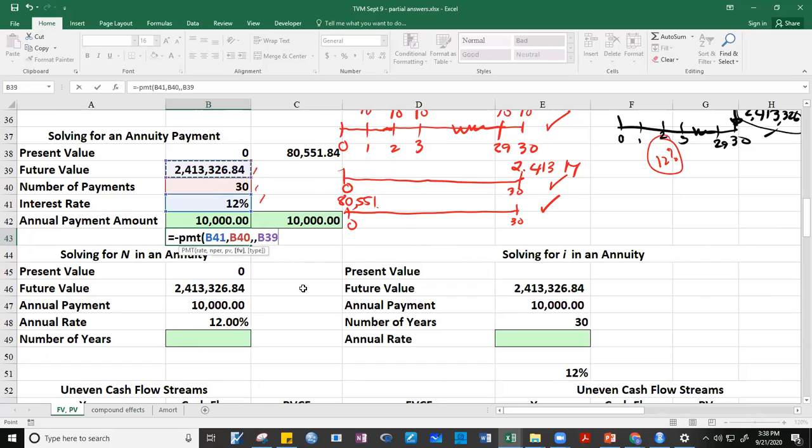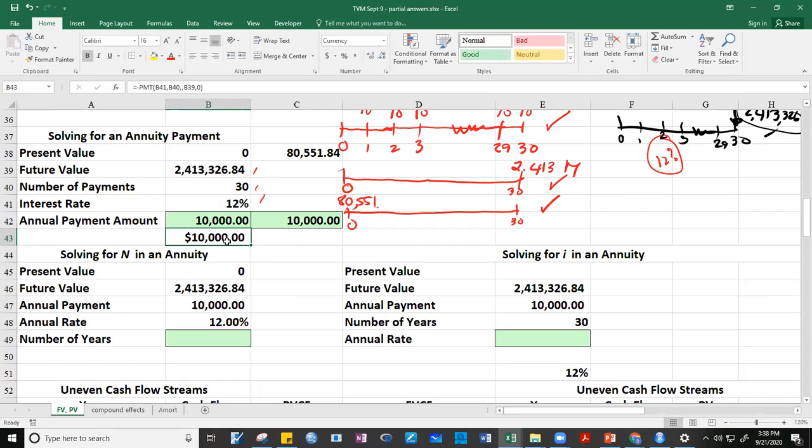Kaya ang tanong, ano yung equivalent na annuity ng future value na 2.4 million if you're looking at 30 years and at 12%? So future value yan, comma, pwede natin i-ignore yung comma. Or you can use 0 kasi end of the period yan. Yun yung default, no? Pag hindi sinasabi kung anong klaseng annuity. Yes, sir. Okay, control enter, and you get 10,000.